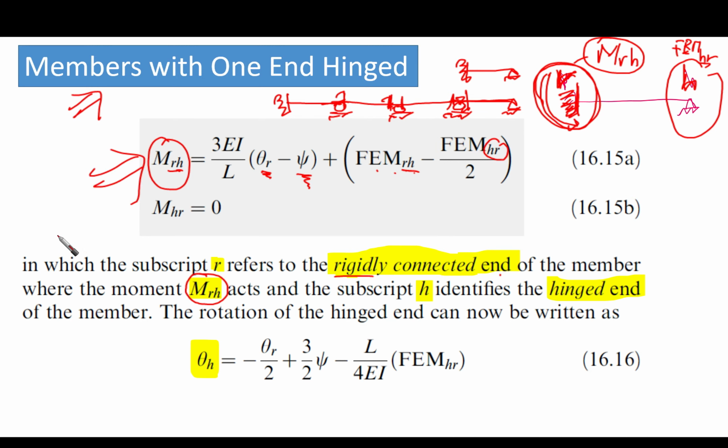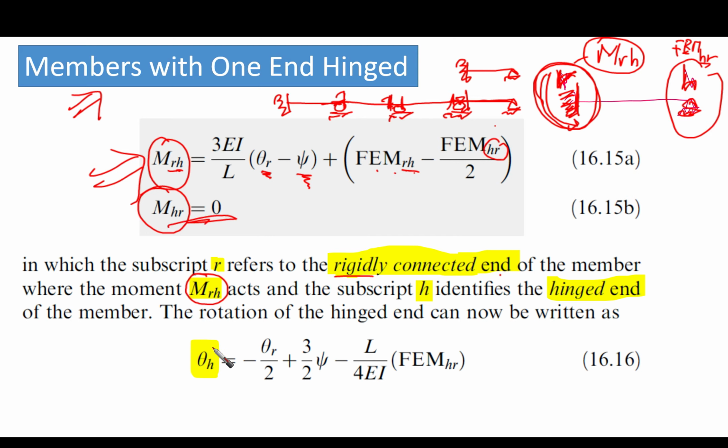Remember that MHR in our case is going to be 0 because we have a hinge here, so there is no moment here. So MHR is going to be 0.